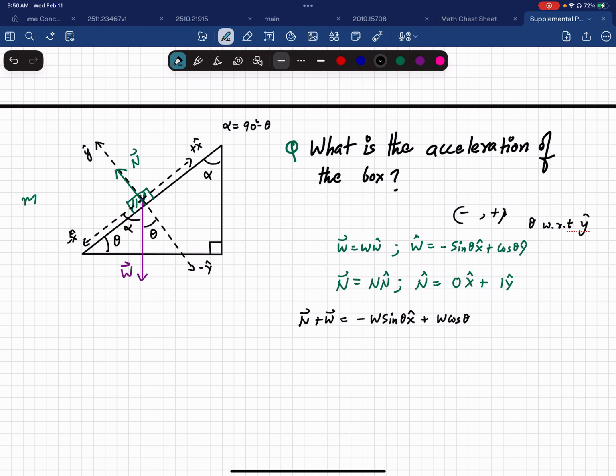Oh, sorry, it's in the third quadrant. I made a boo-boo. So in the third quadrant, both are negative. So sorry, guys. So they both are negative. Okay. And hence, n.